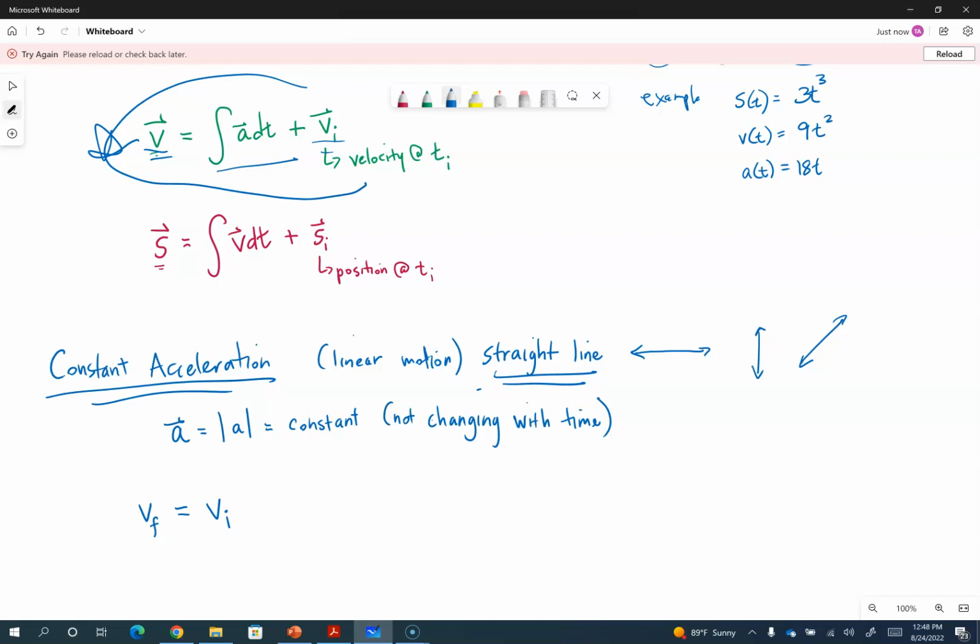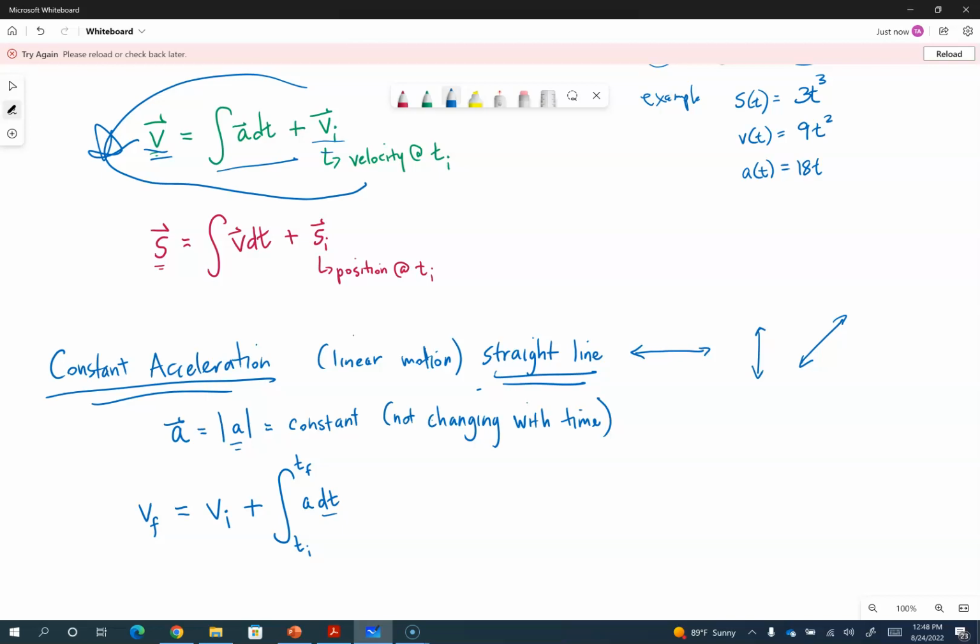So initial velocity plus the integral of our acceleration, which I'm just going to call a, with respect to time. Again, remember dt just means that t, or time, is our variable. That means the lower limit is some initial moment in time, and t final is some final moment in time.